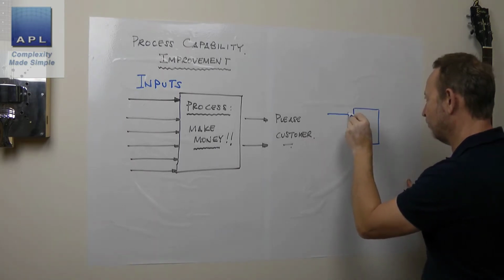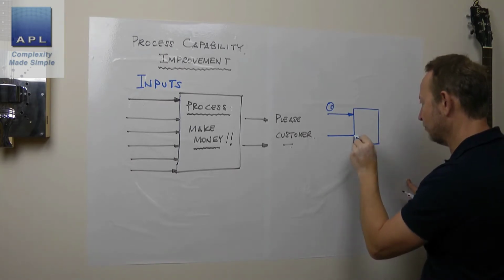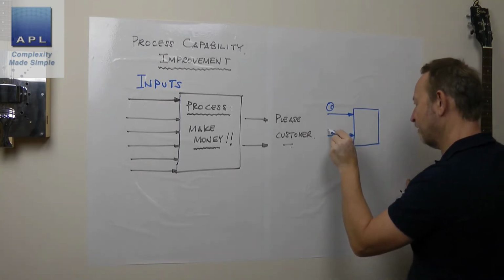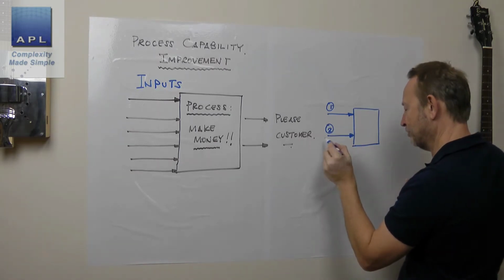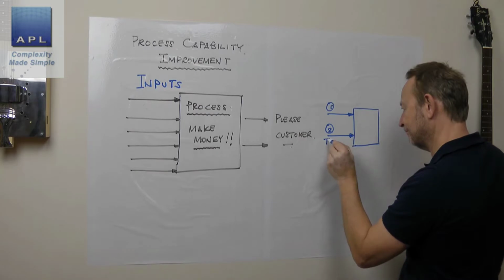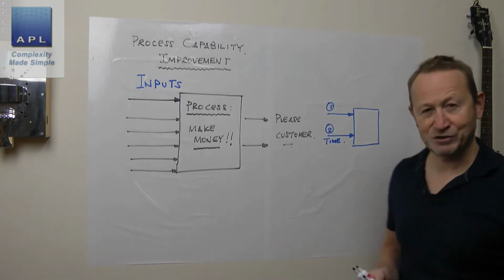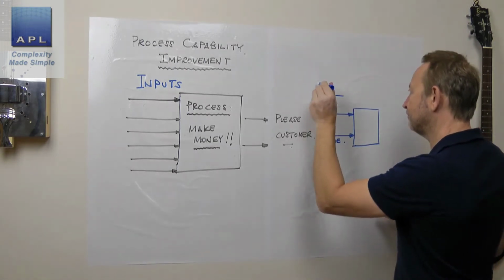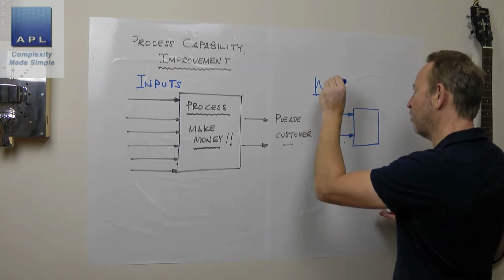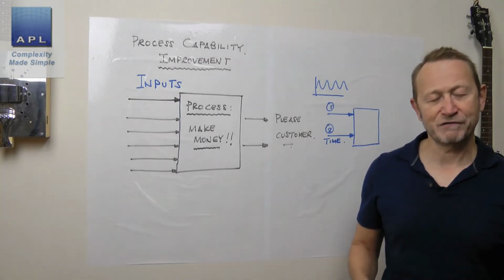You have variable 1 coming into the process, and you have variable 2, which is a setting on the machine. So I'm just going to call this maybe time in this case. Okay, it doesn't matter what it is to make this point. And what you're saying is variable 1 is coming in with lots of different results.